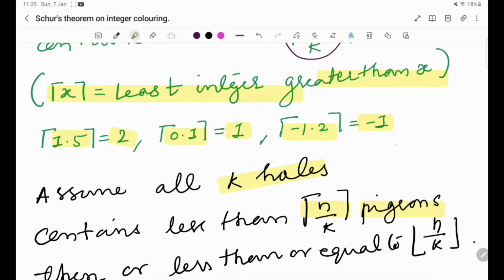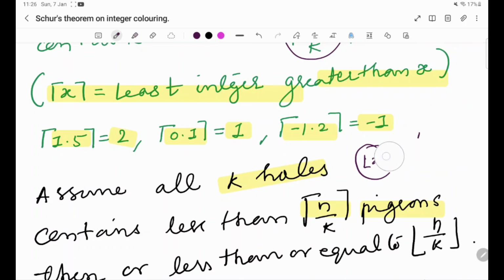Suppose x equal to n by k is a fractional number, and I assume the k holes contain less than ceiling of n by k, and being an integer, the number of pigeons is a positive integer. So the next lowest integer is floor of x.